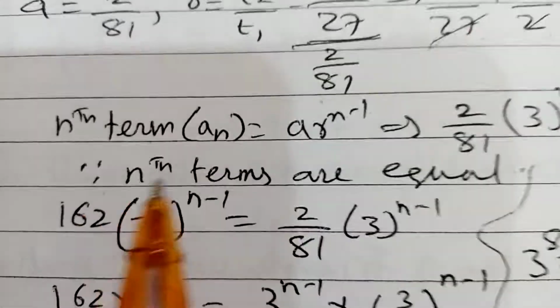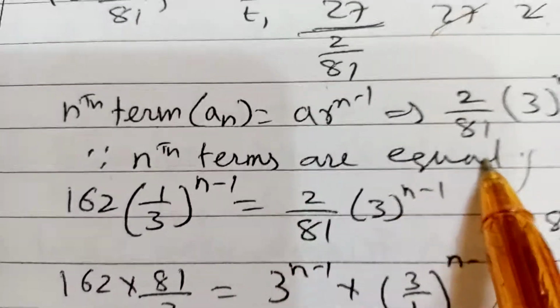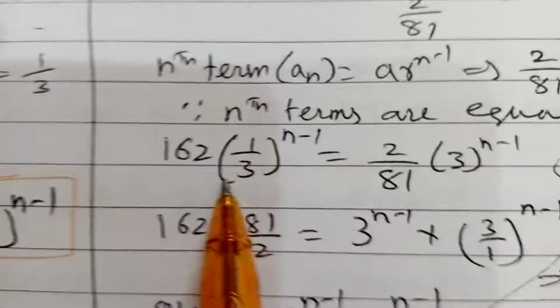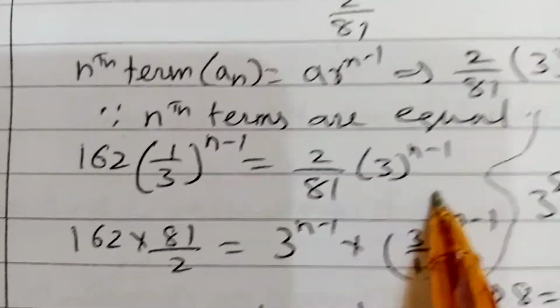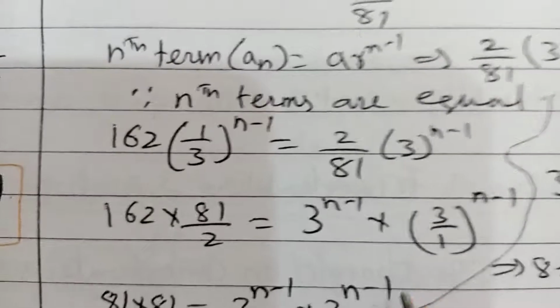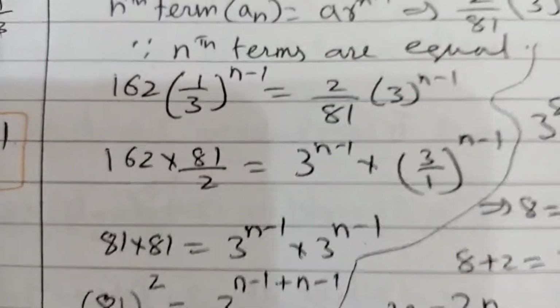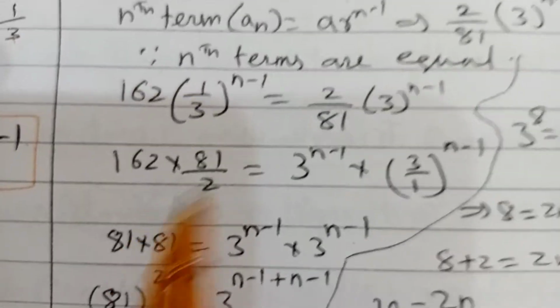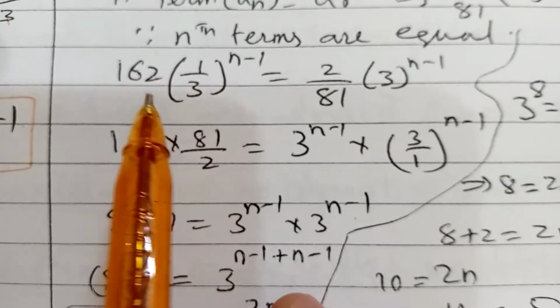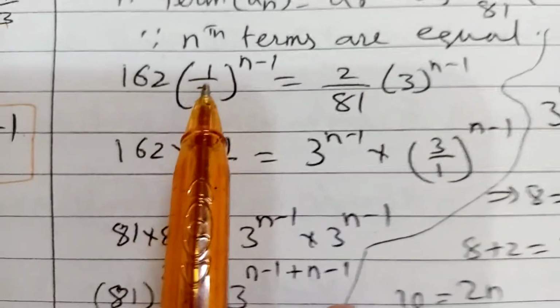Since the given nth terms are equal, the first nth term is equal to the second series' nth term. Now 162 as it is. See, constants on one side and n on one side.